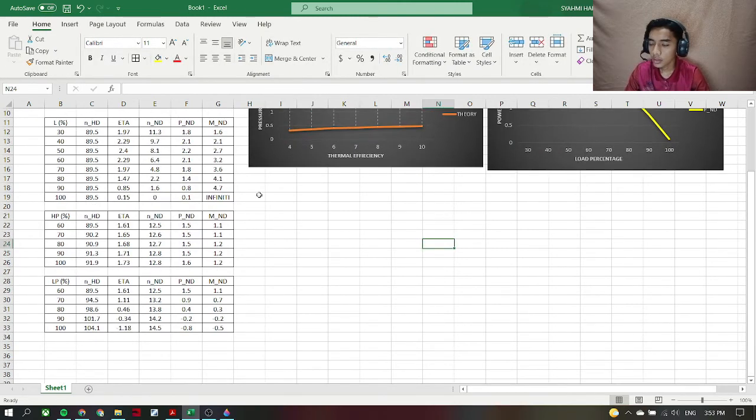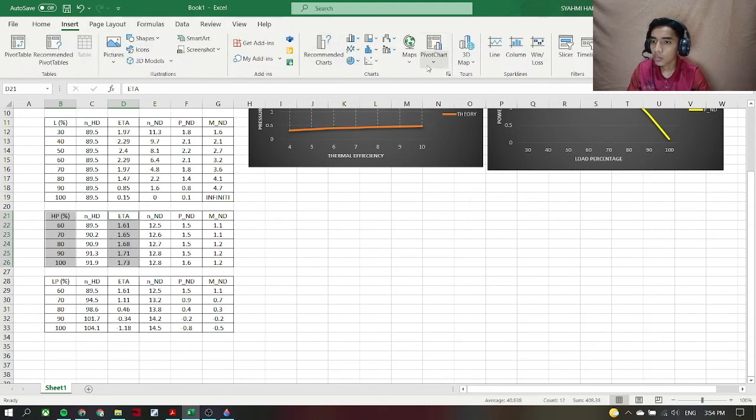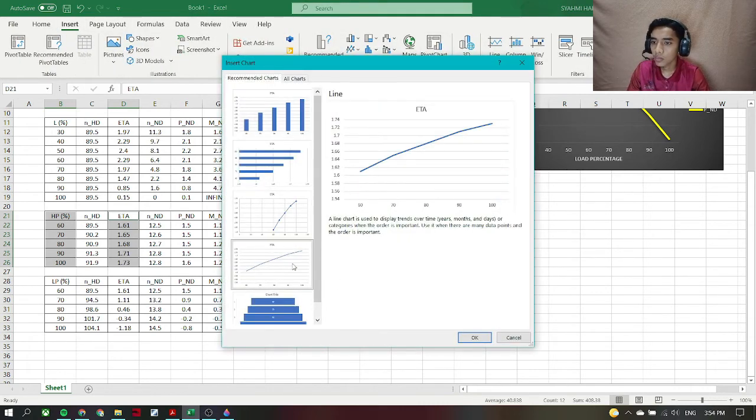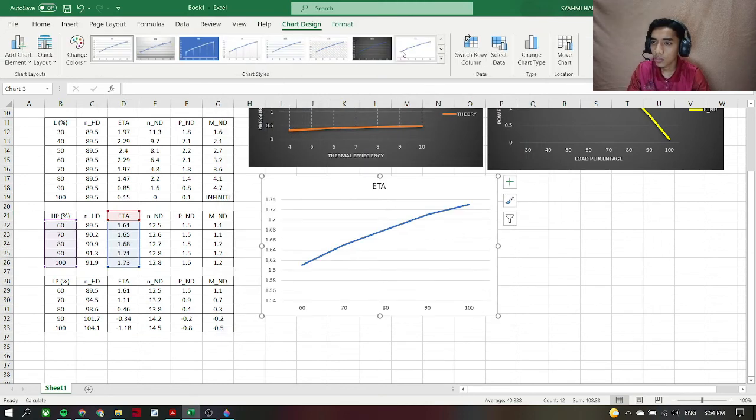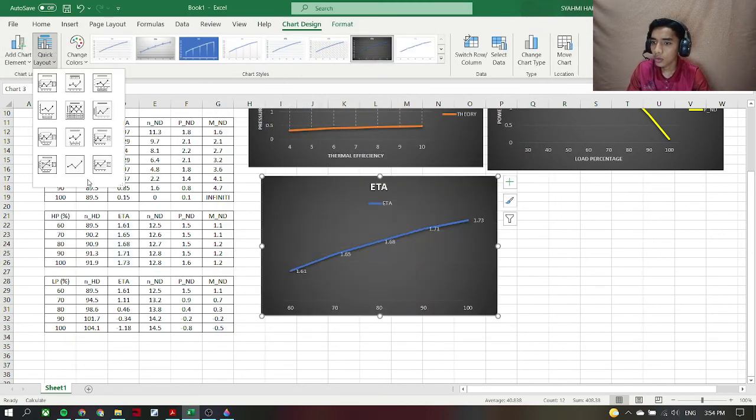And next, for the third, the high pressure turbine versus the thermal efficiency. Quick layout.